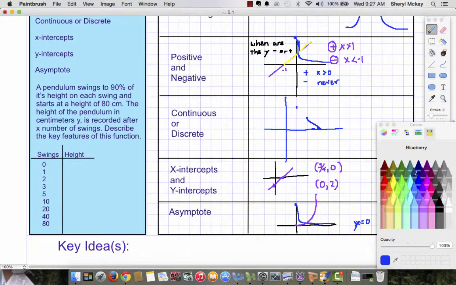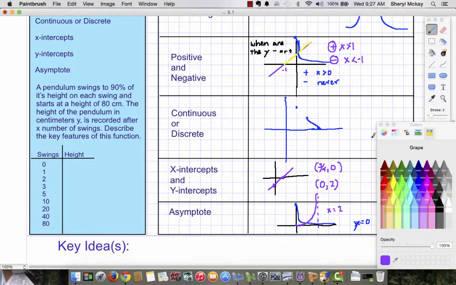In this other one, the asymptote is right here, and its x is 2. So there's usually a line that the exponential function approaches but never gets to. All right?